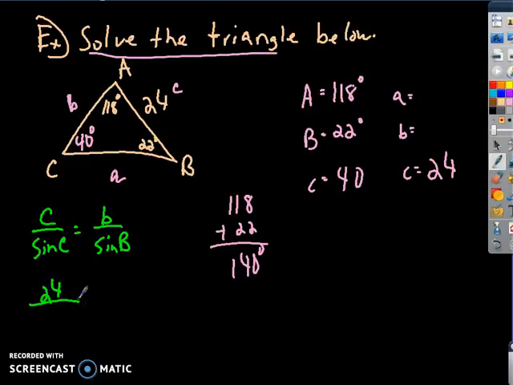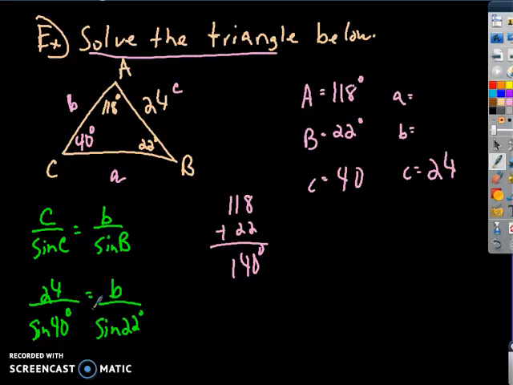Capital C is the angle 40 degrees, so it should be sine of 40 degrees. I'll make sure my calculator is in degree mode. And lowercase b I don't know, but I do know capital B is 22 degrees. So I can type in sine of 22 degrees. And basically you cross multiply, you finish solving that.